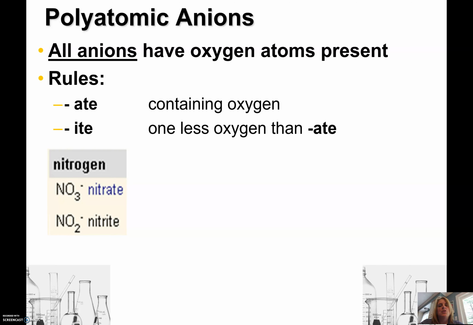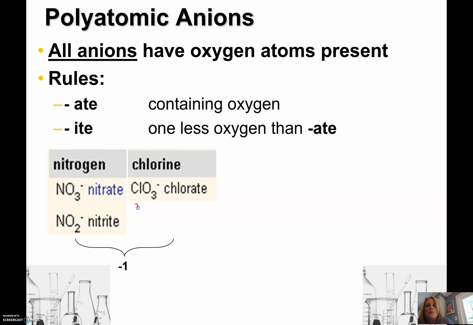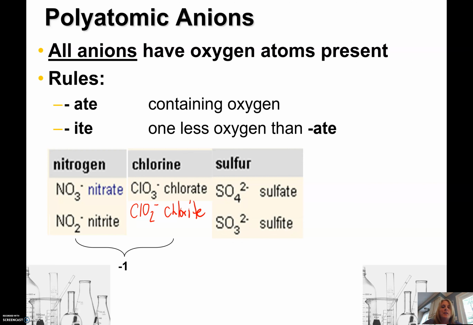So here's our nitrate, and there's our nitrite. Notice that the charge is the same. It's still -1 for both of them. It's just the oxygen that is different. There's our chlorate. I don't know where chlorite is. Maybe the build isn't working, but there is our chlorite. Sulfur, you have to know sulfate and sulfite.